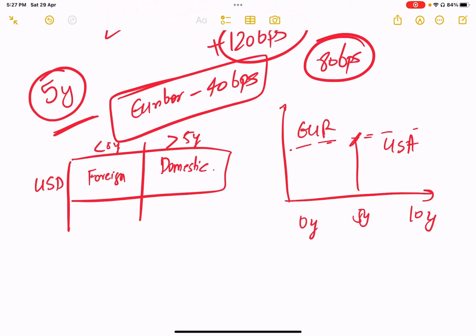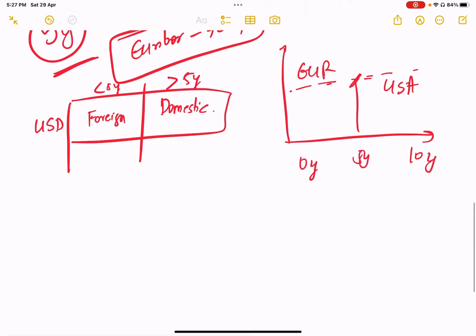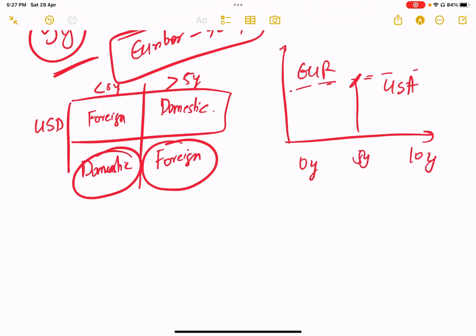So here is where the thing comes that, okay, now what about the investors? I mean, this is the advantage. For the investor, it is the other scenario. If you think about it, for greater than 5 year, investor will prefer to invest in foreign countries. For less than 5 year, for domestic. Why?